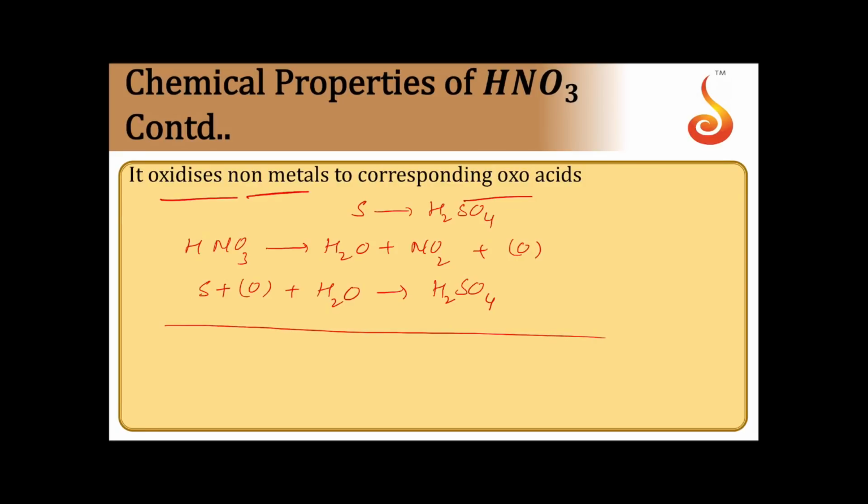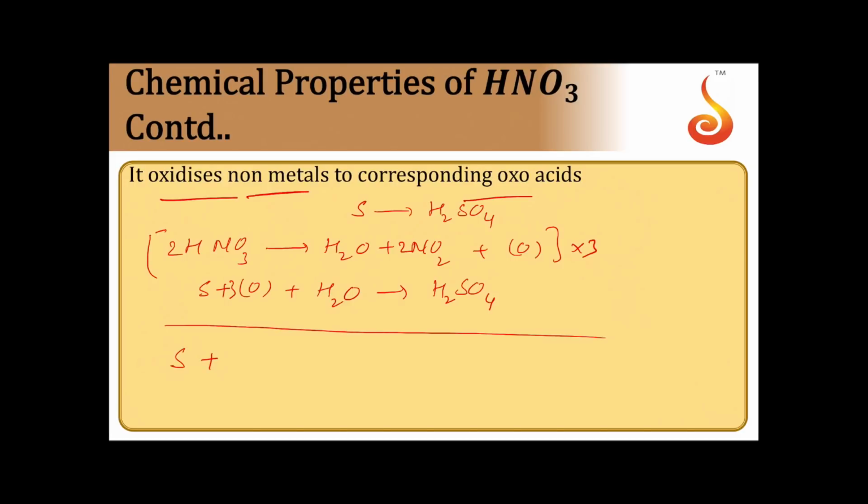Let us balance the complete reaction. In the first one, H2 is there, so we require 2 here and 2 NO2. Coming to the second reaction, one oxygen is there and we require 3 oxygen atoms, so multiply the entire thing by 3.